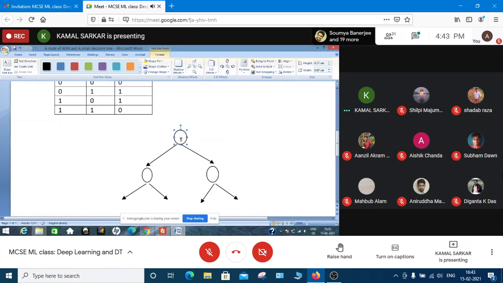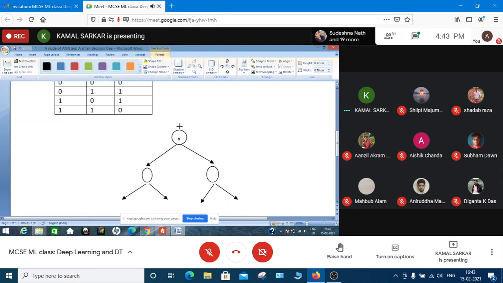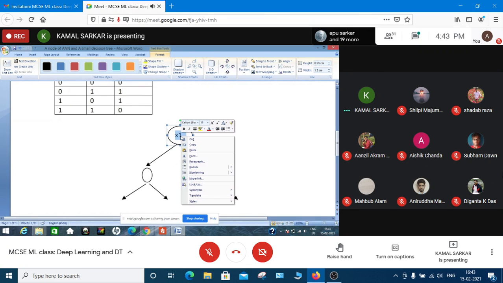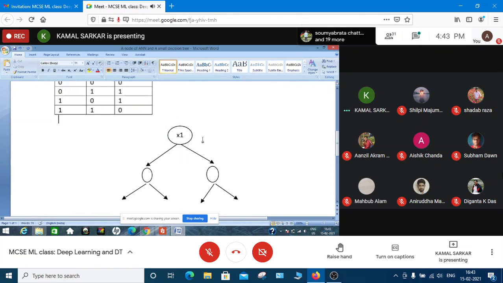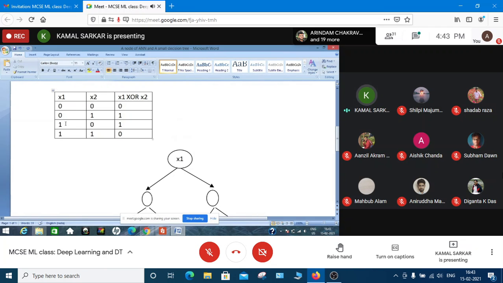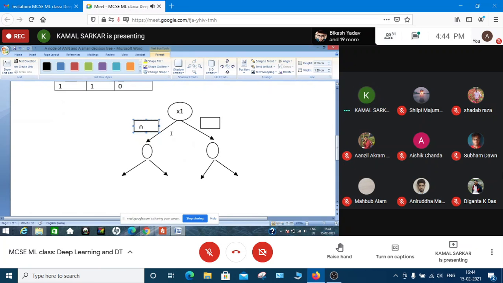The first node is the attribute. Now x1 can take two values, either 0 or 1. It is an attribute value, so x1 can be either 0 or 1. So we are creating two branches, one for the 0 value, another for the 1 value.